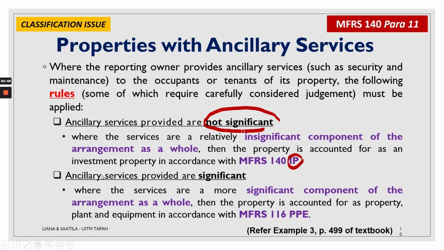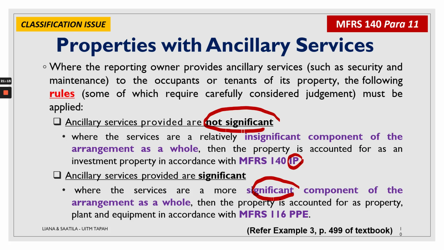Next, if you have ancillary services provided which are significant, where the services, which may refer to not just security and maintenance, we'll look at the example later, are more significant components, relatively more significant to the arrangement as a whole, then the property will be accounted for as PPE in accordance with MFRS 116.